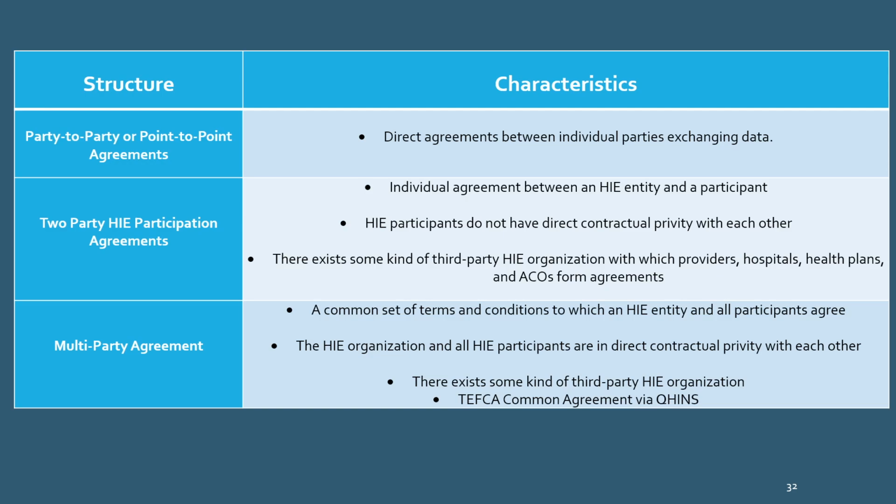You can have a multi-party agreement. Basically, these are the different ways, but now we are moving to that multi-party agreement, and the TEFCA Common Agreement via QHINs is perhaps that facilitator that is going to be opening that door to actually have access to more robust population health information systems.